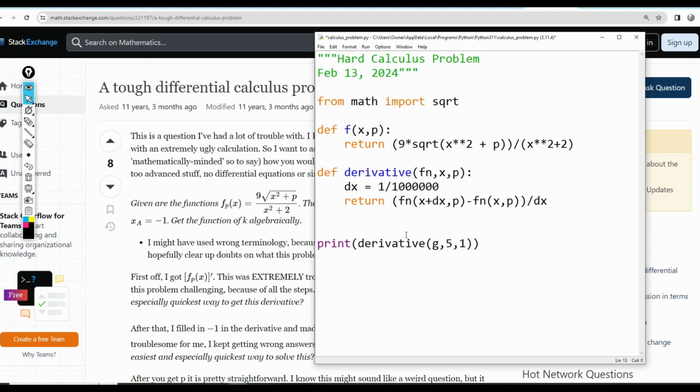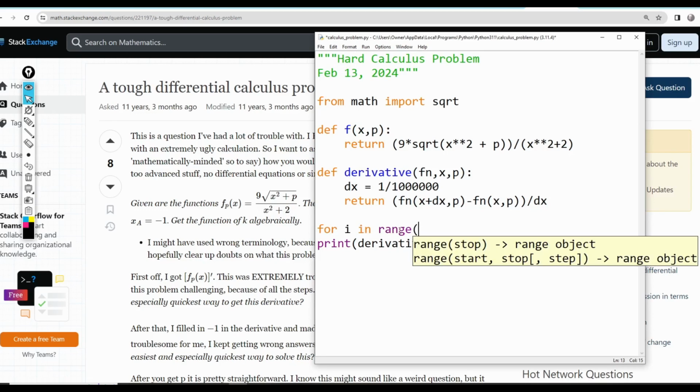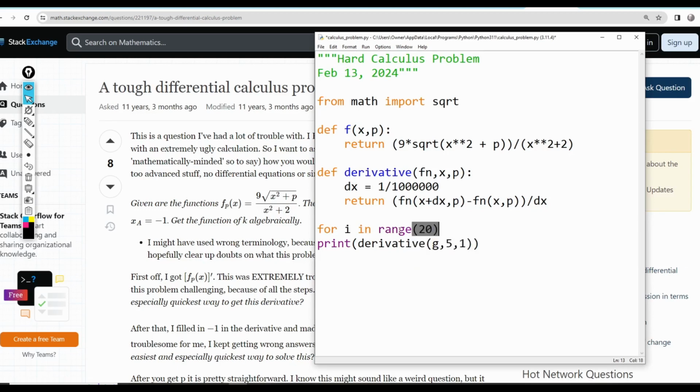We'll just see. From 0 to 20 or something. Print the derivative of f at -1, and then p is going to be our variable. So we'll see, where is it 2.5?